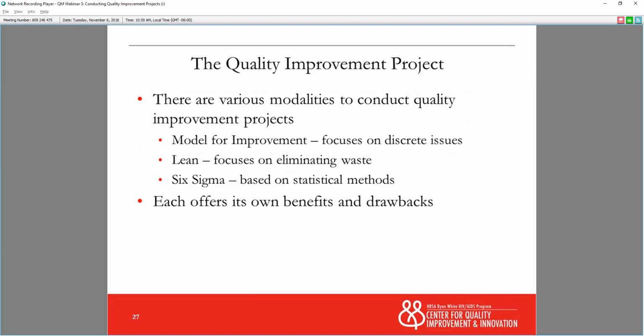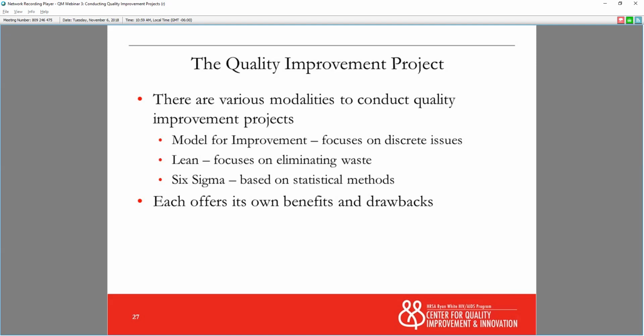So the 3 methodologies that you see in front of you are just some of the many that are used in quality improvement. The model for improvement is something that HAB has used in the past. We, as CQII, and before that the National Quality Center, have run different collaboratives based upon the model for improvement. That was something developed by the Associates for Process Improvement.